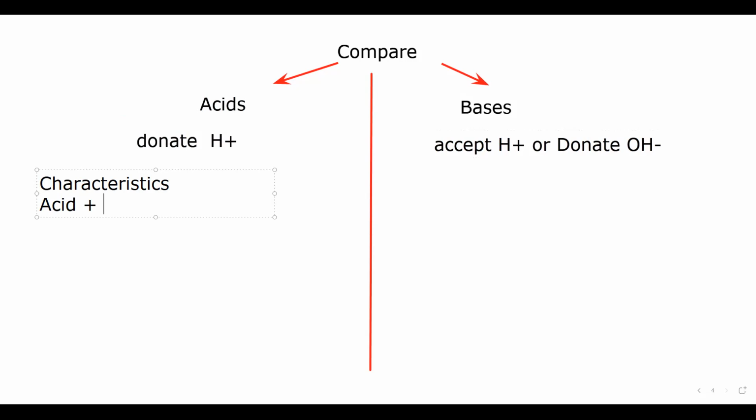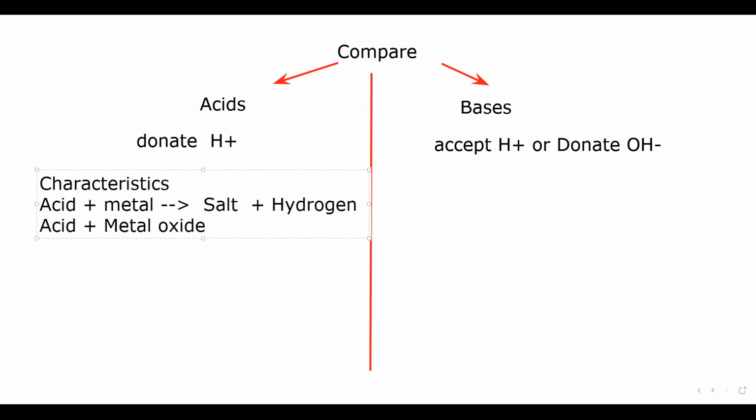reacted with metal, this will result in a formation of salt and hydrogen. The second one, when acid is mixed with metal oxide, this will result in formation of salt and water.